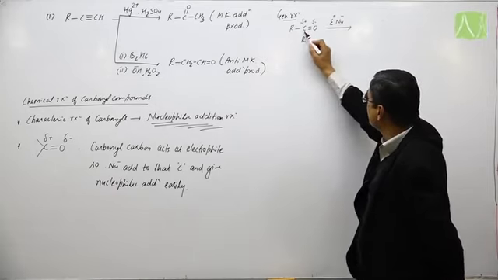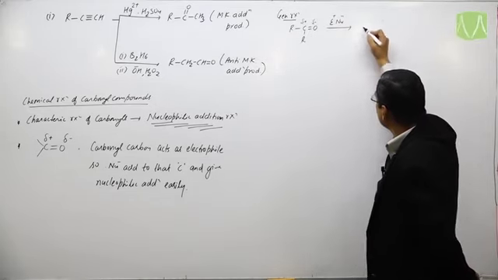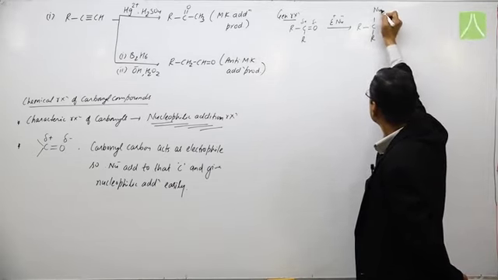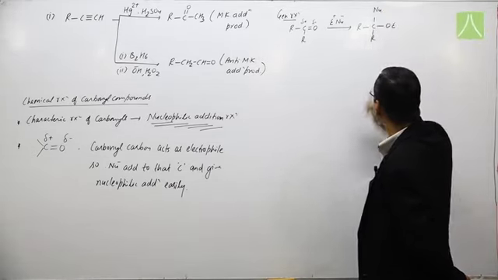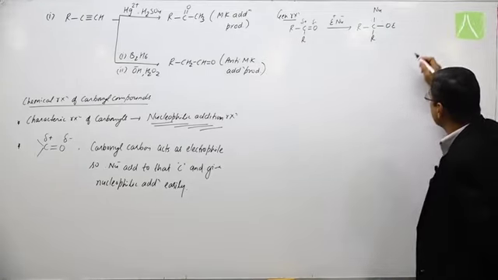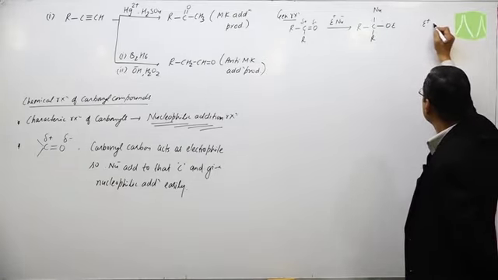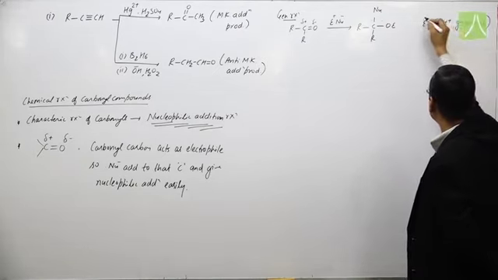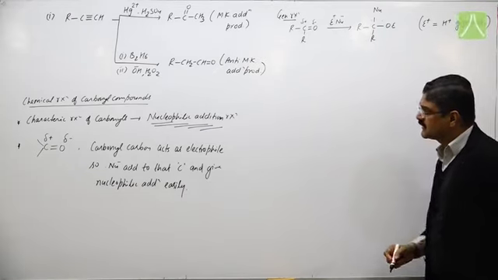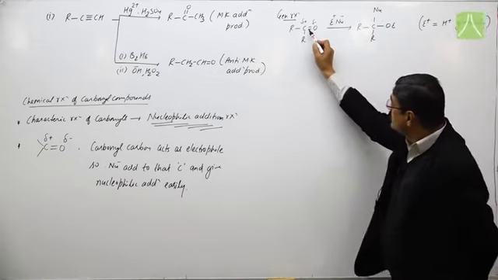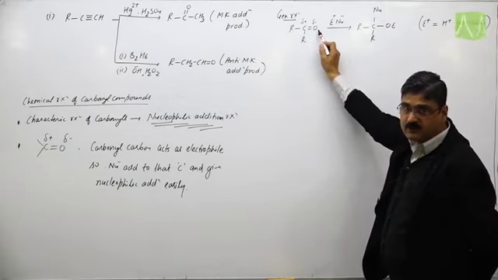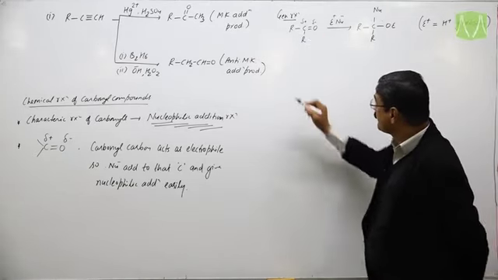Then nucleophile adds to the carbon, electrophile adds to the oxygen atom. Electrophile is generally H plus. So this is the general reaction. Pi bond is broken, nucleophile adds to the carbon and electrophile adds to the oxygen atom.